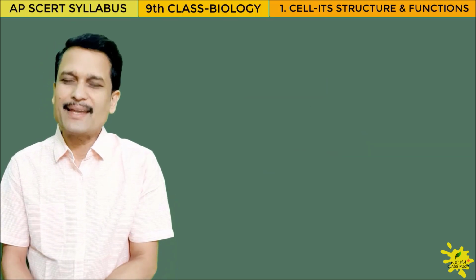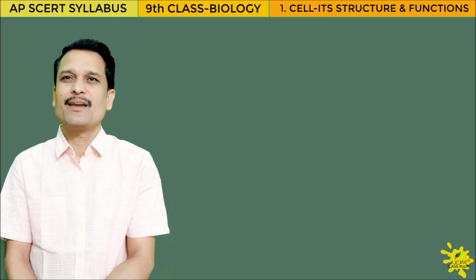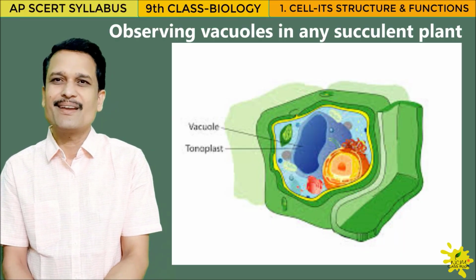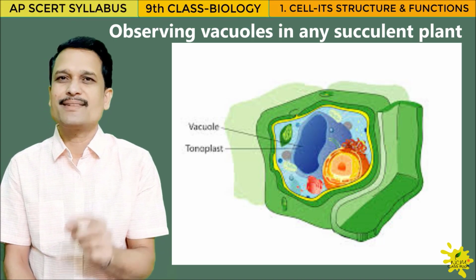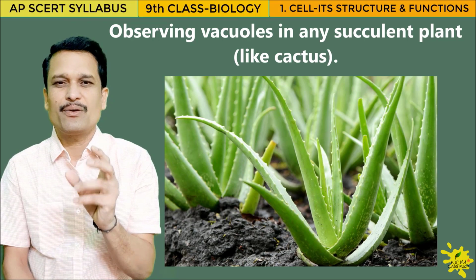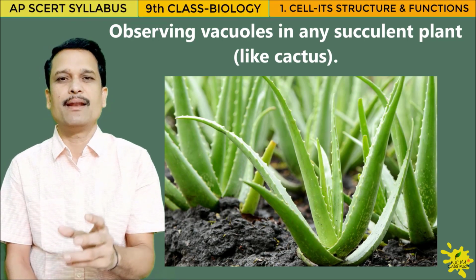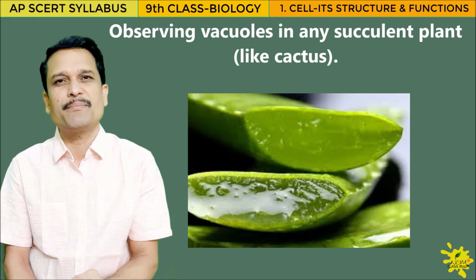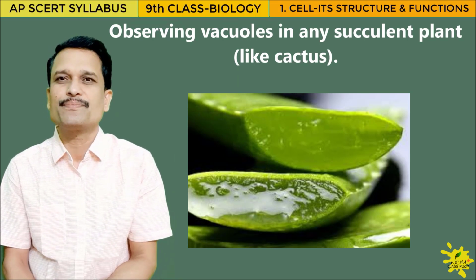Another topic is the vacuole. Here, an activity is given on how to observe the vacuole. Take the leaf or stem of any succulent plant which has fleshy leaves or stem, for example, cactus. Take a thin cross section of the stem of the plant.